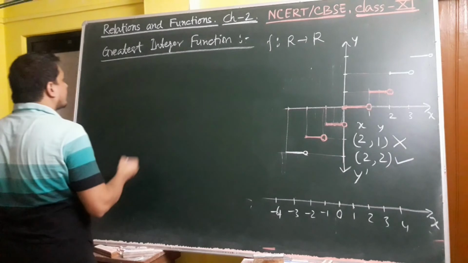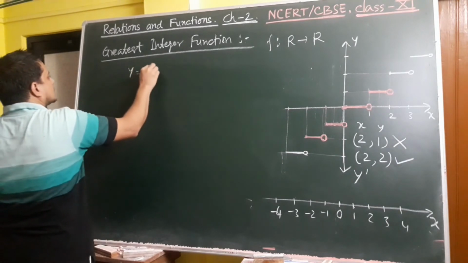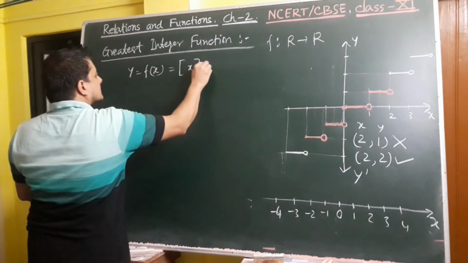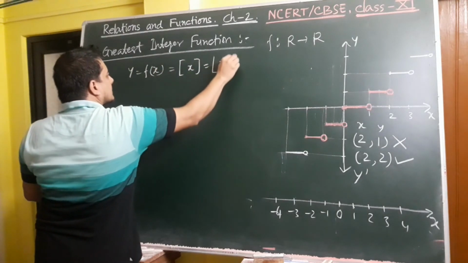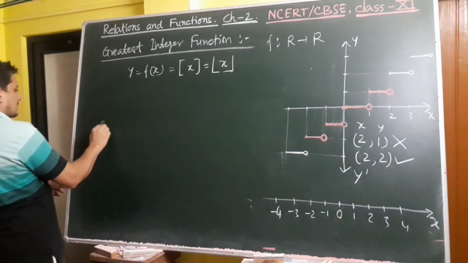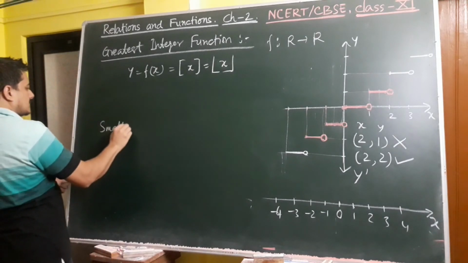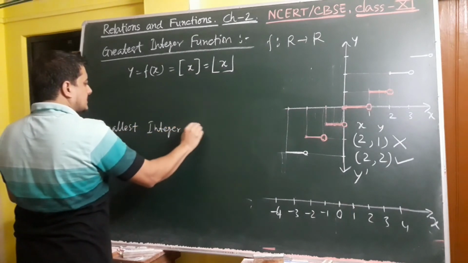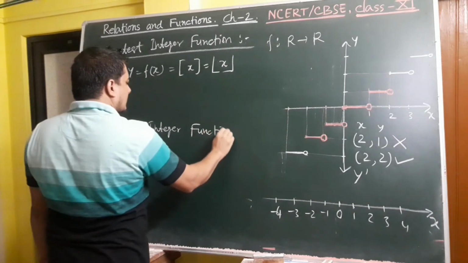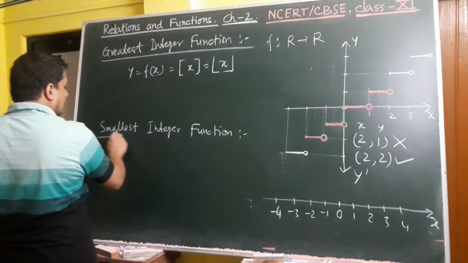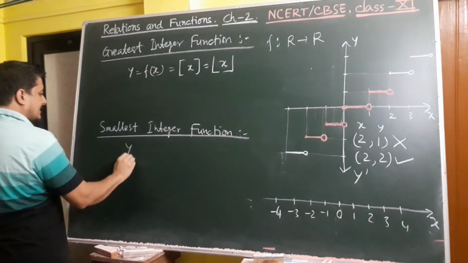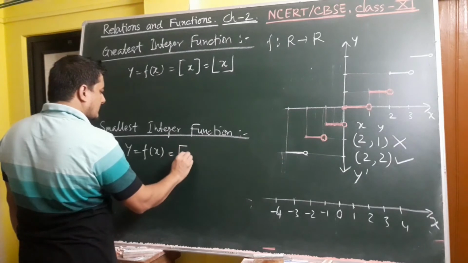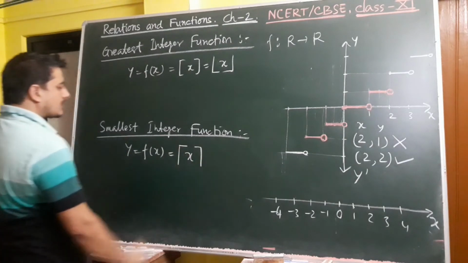There is one more function. So this is y equals f of x equals the greatest integer of x. It is also written this way. And there is one more function called the smallest integer function, which is written as y equals f of x equals like this.